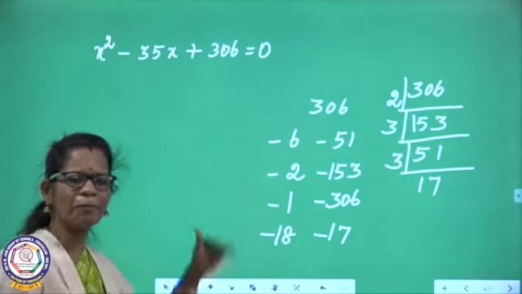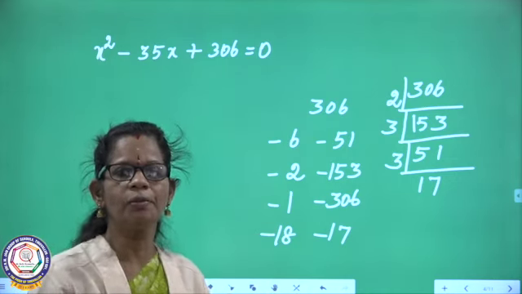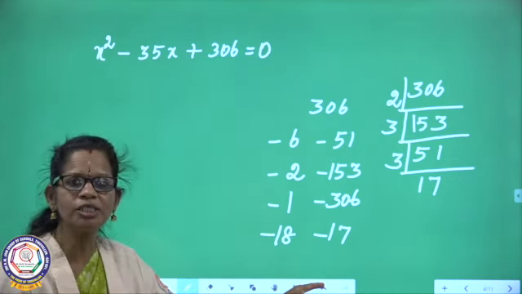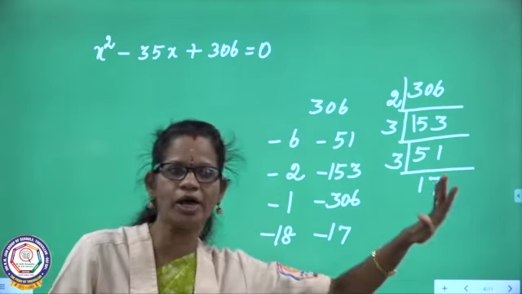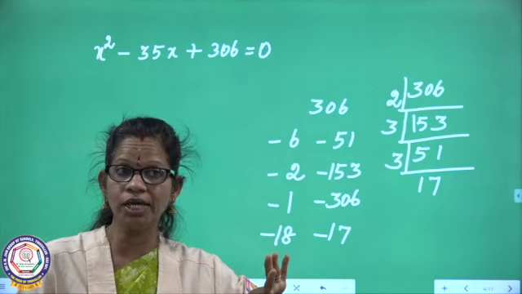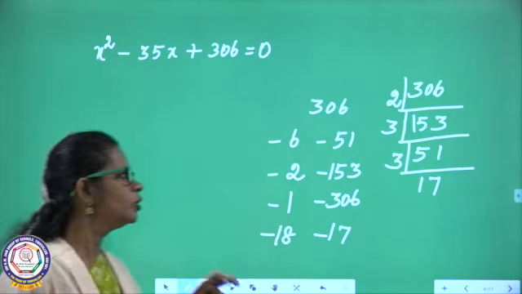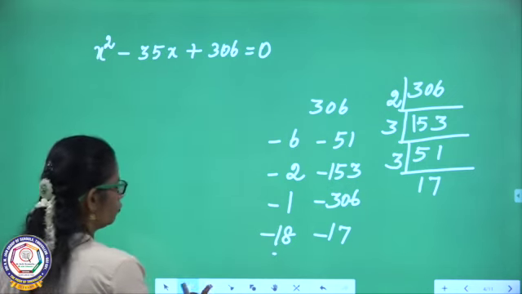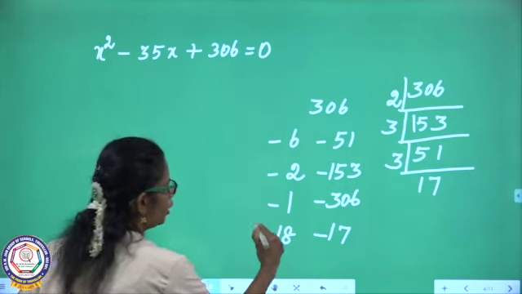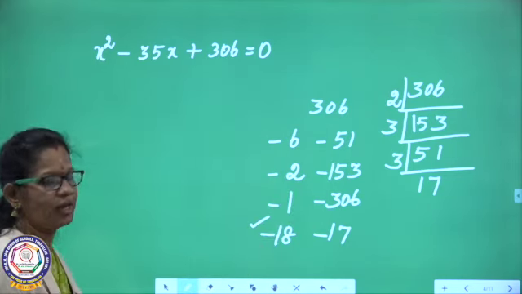Then using mind calculation, because you did so many sums, which possibility is apt to your sum, you don't bother about the product. You concentrate only on your sum. So what will you get? Minus 18, minus 17 is apt to your sum.